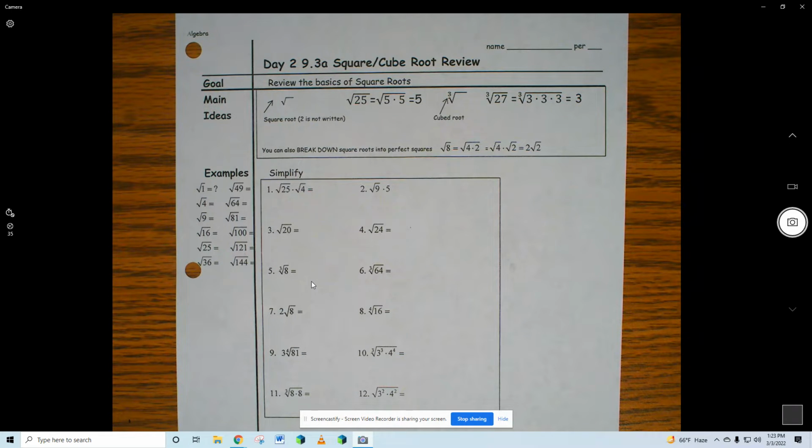So, first of all, on this left-hand side, it's also on the board, but I want you to try and do these left-hand side examples, the square roots, from memory. So go ahead and fill these in from memory right now. Go ahead, on your paper.